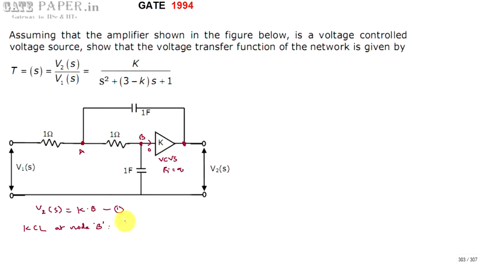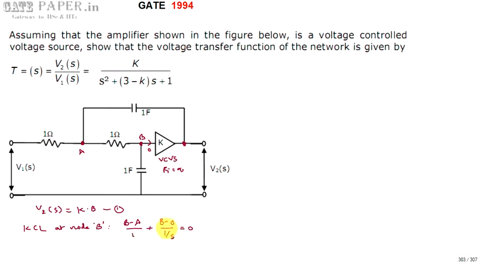So you can write B minus A divided by 1 ohm plus B minus 0 divided by 1 by SC. C is equal to 1 farad, so S into 1 is S itself, so I write it as 1 by S, is equal to 0.